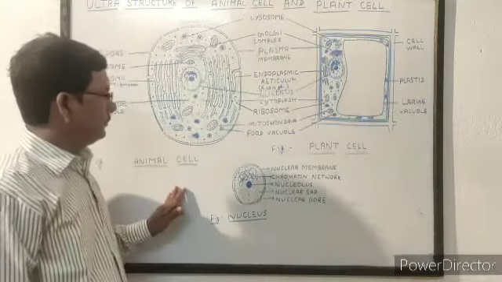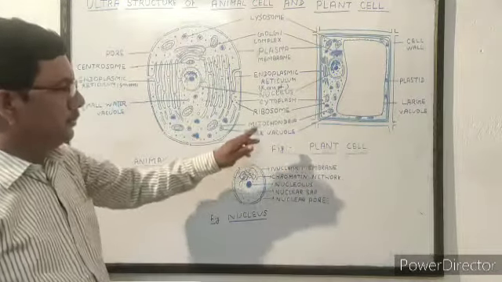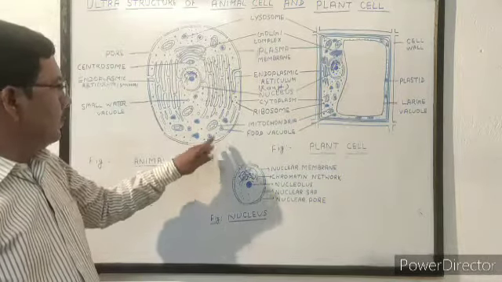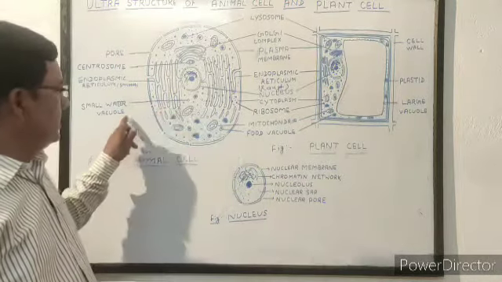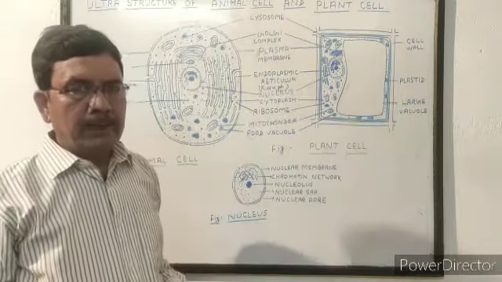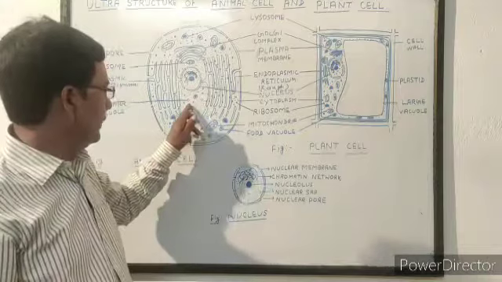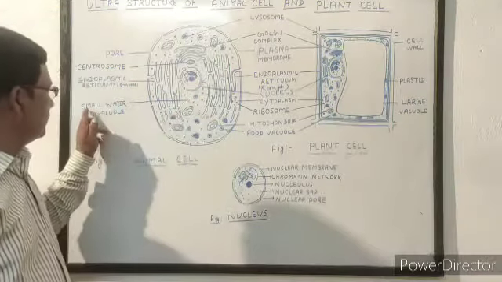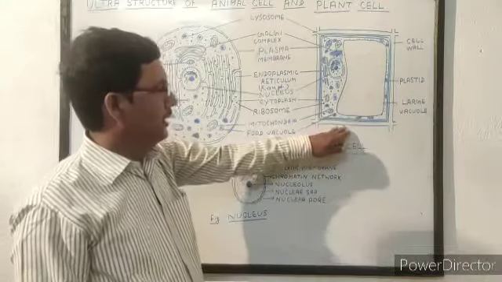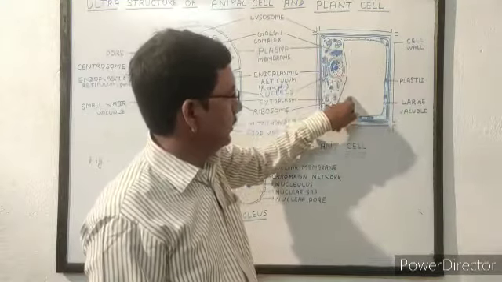Now in vacuoles, food vacuoles are present both in plant cell as well as in animal cell, but water vacuole, which is filled with water, in animal cell there are numerous small vacuoles present. See, here are the small water vacuoles, but in plant cell there is a single large vacuole.